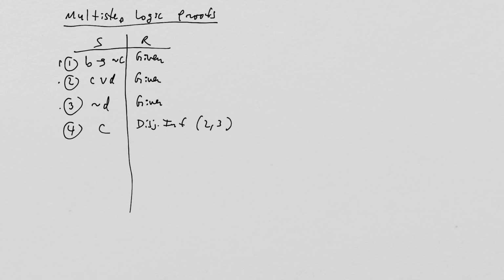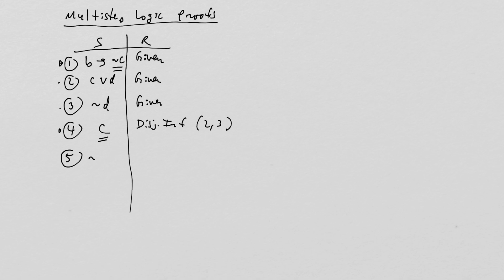Now, if you look at 1 and 4 together, I can get step 5, because 1 is a conditional, and 4 is saying the opposite of the conclusion is true.